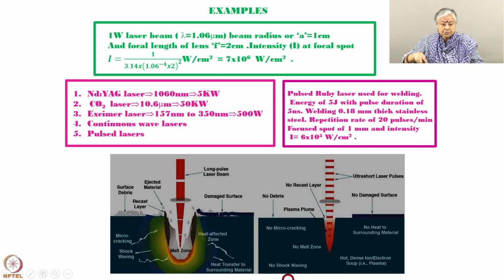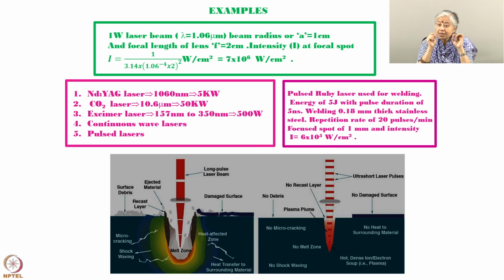Okay. Now, depending on your application, as I have said, you have to choose the power, you have to choose the pulse length. In case of welding, when two materials are welded together, you don't want to lose material.